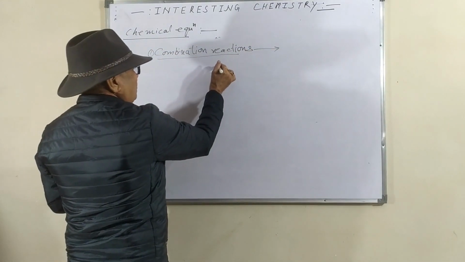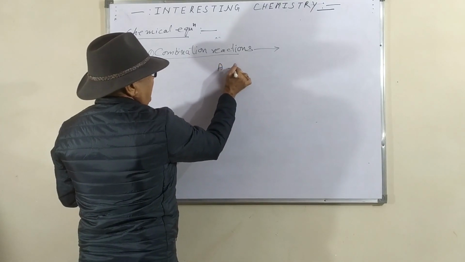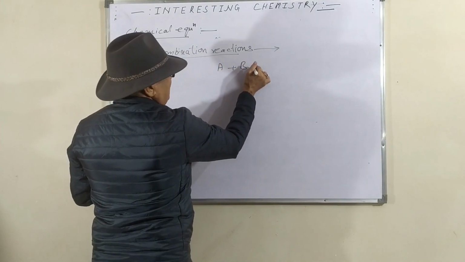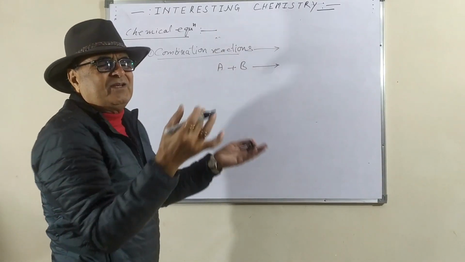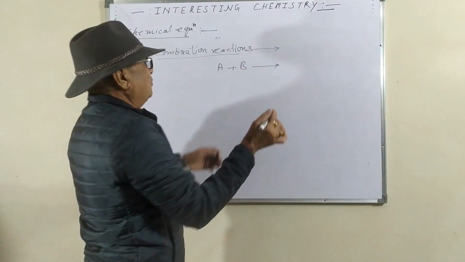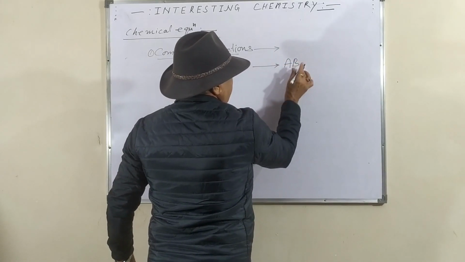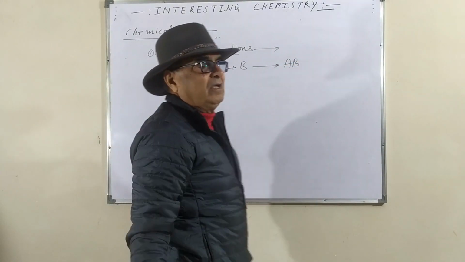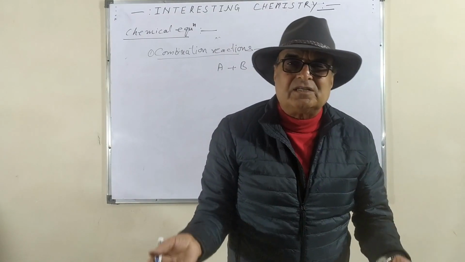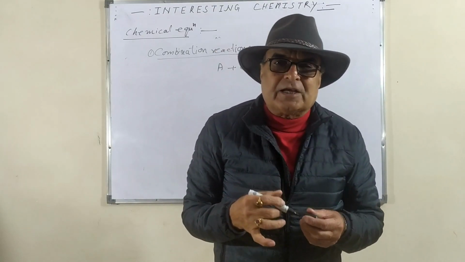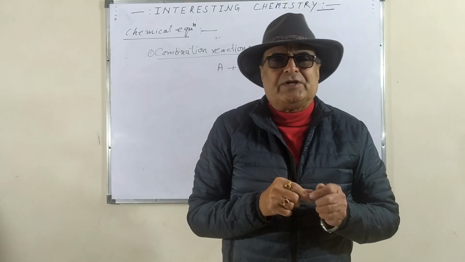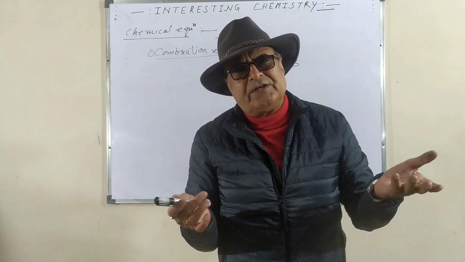Suppose there are 2 reactants, A and B. Both combine with each other to make a product, and the product will be AB. Such types of reactions are called combination reactions.